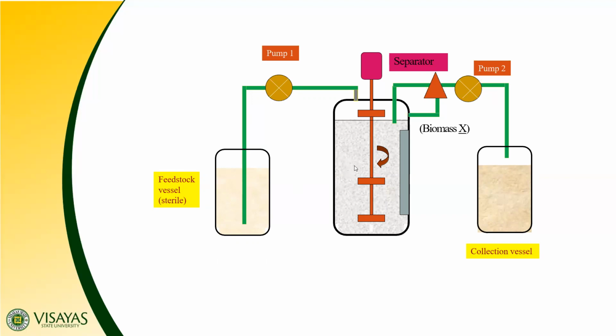It is still fed, but there is no removal of the compounds or recovery yet. After some time, when the fed batch fermentation has stopped, there will now be a collection vessel that will then recover.